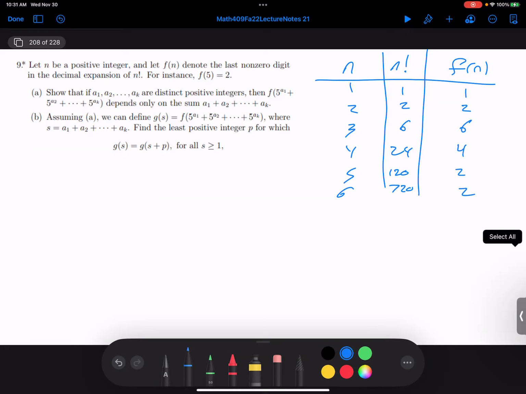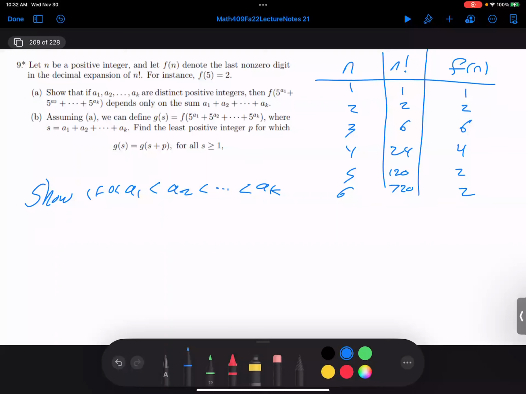Okay, and so what they want us to do is to show that if a1, a2, ..., ak are distinct positive integers, then f of this quantity depends only on the sum of the a's. Let's say 0 is less than a1 less than a2 less than ... less than ak.